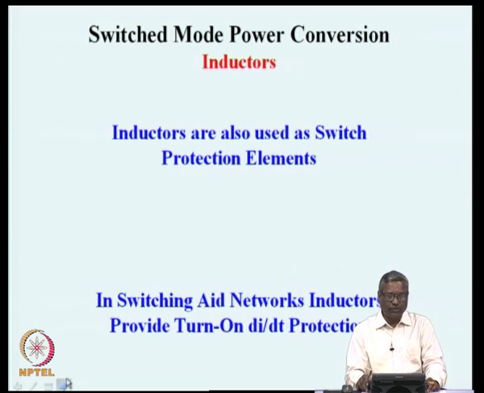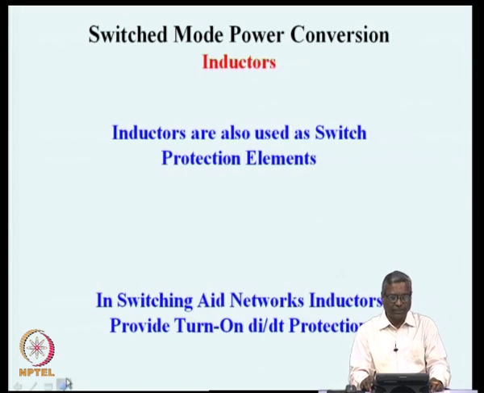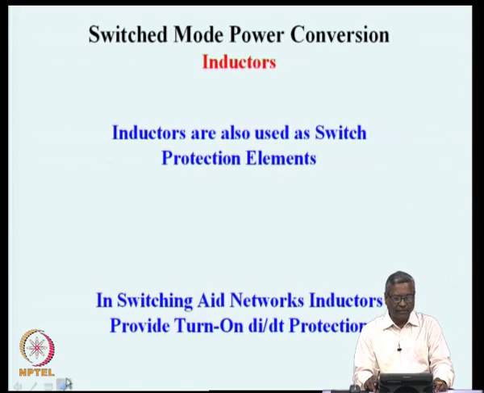They are also used as protection elements for the switches. We had seen that whenever a switch is turned on or turned off, there are high stresses in terms of voltages and currents imposed on the electronic switches. So, it is necessary to appropriately protect the switches against over voltages and over currents.